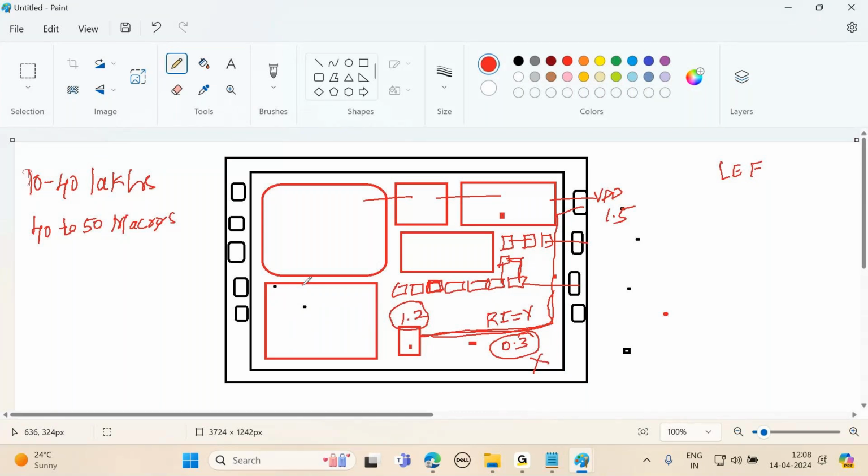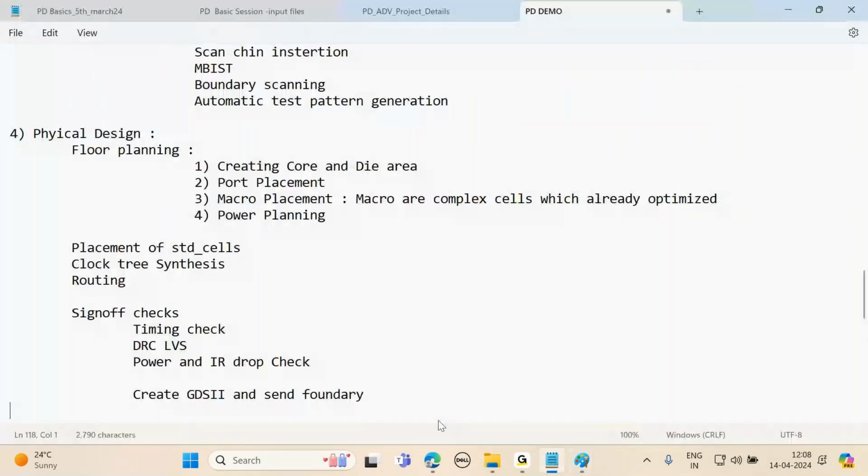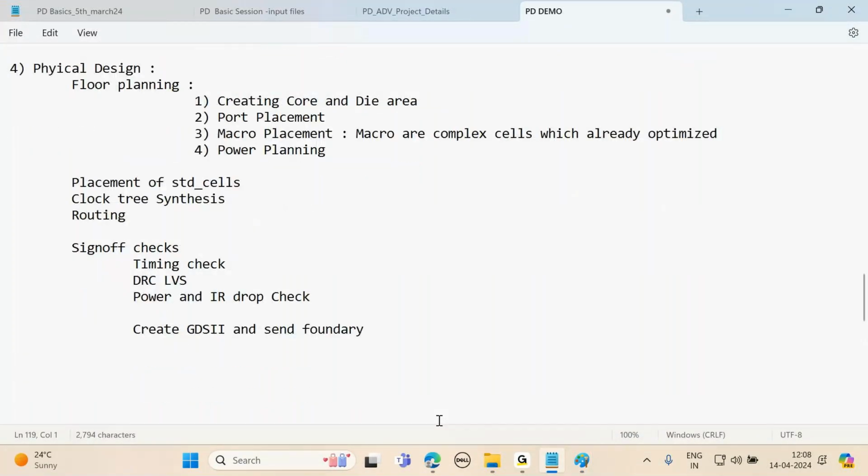Now, what are you going to learn in this course? Course content. For this, we are going to do both lab as well as theory.